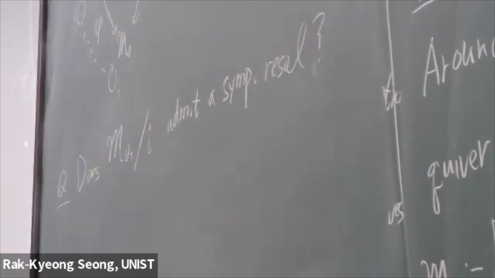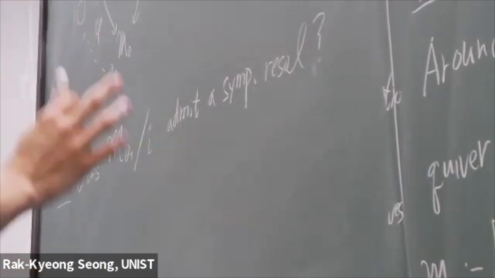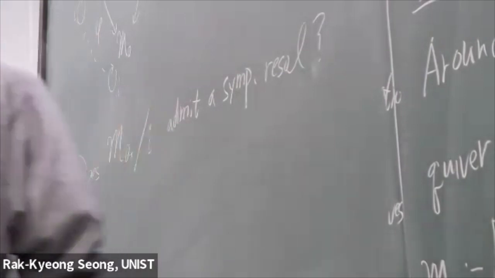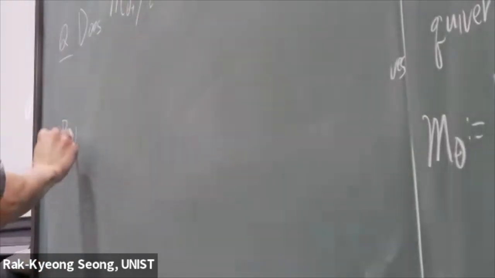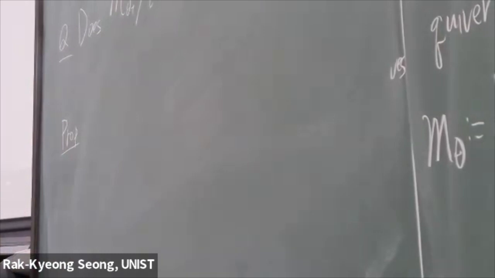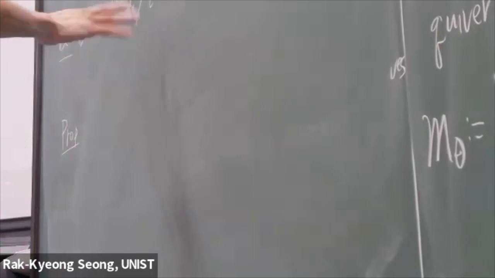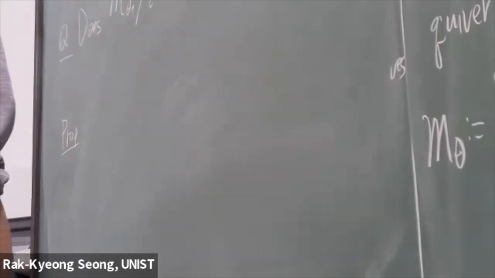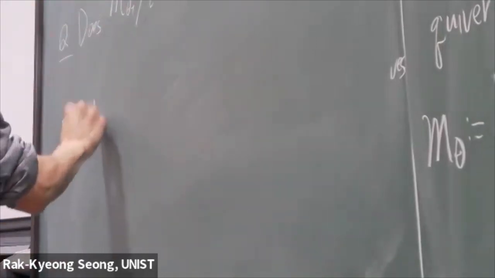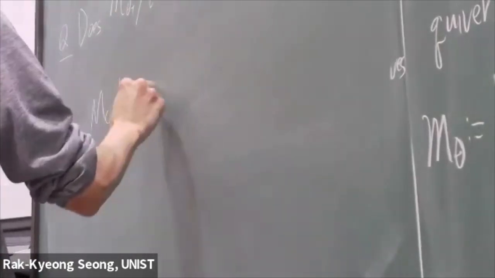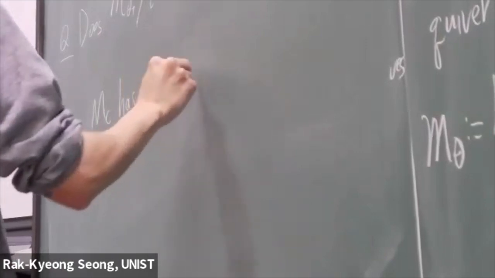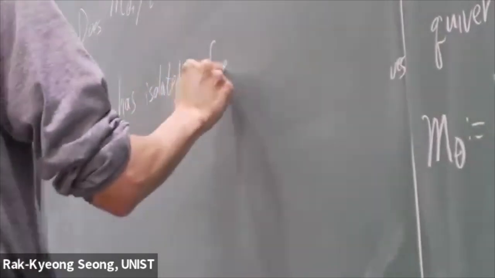So the original motivation for the study of the singular variety is the existence of the resolution. But in the K3 surface case, globally we don't have a symplectic resolution, whether or not this local question is affirmative. In fact, the moduli space has isolated fixed points.